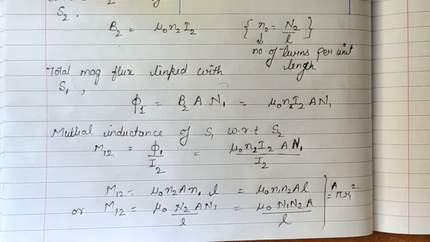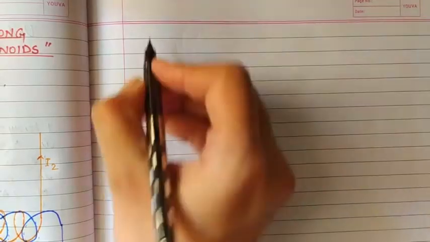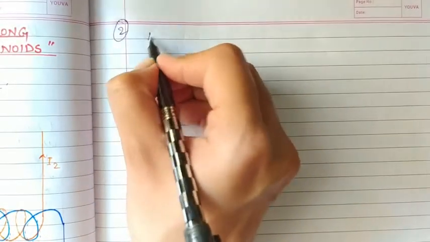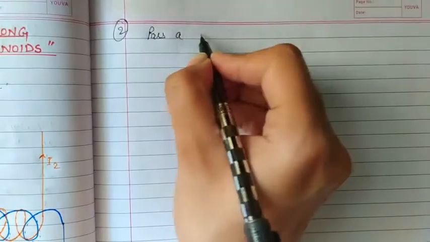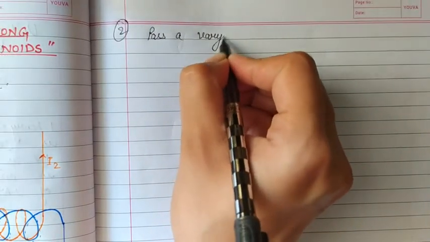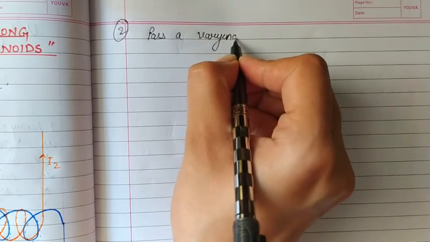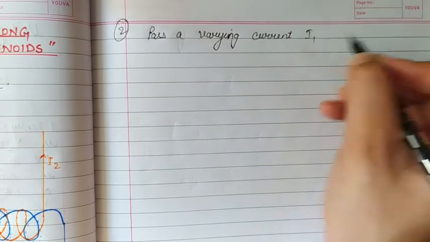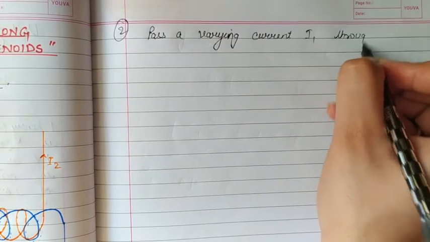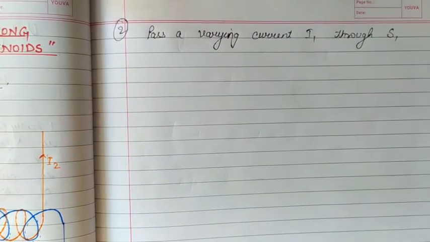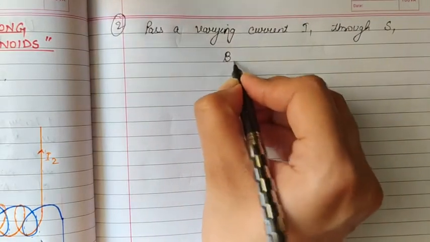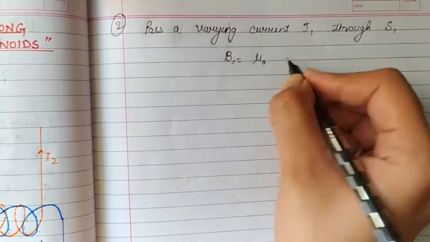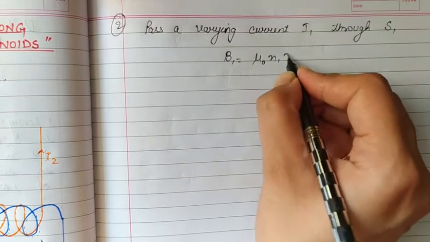So now we are going to pass a varying current I1 through S1. Because of that, a magnetic field B1 will come in S1, which has the value mu naught N1 I1.